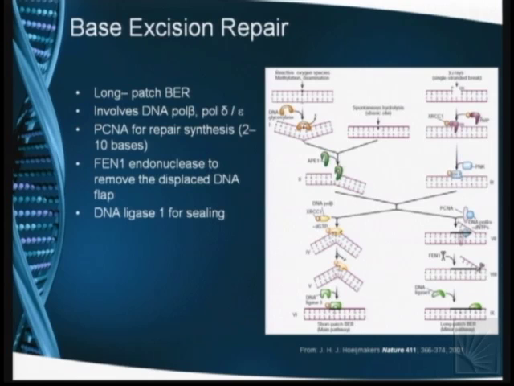How it is different from this short patch is, instead of resynthesizing only that single nucleotide, another polymerase synthesizes a longer patch, and it corrects the DNA using this longer patch instead of this single patch. And we will see the mechanistic models of the base excision repair pathway. And when we say mechanistic models, we're interested in all the biochemical interactions or reactions happening throughout this pathway for each of the proteins involved in this pathway, both short patch and long patch.